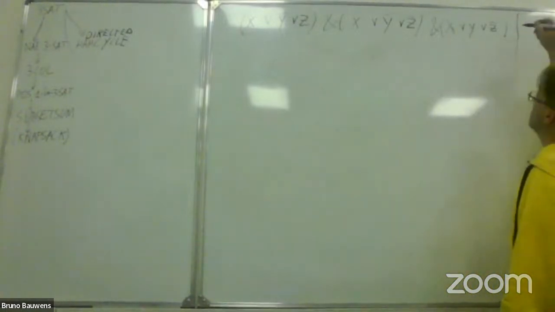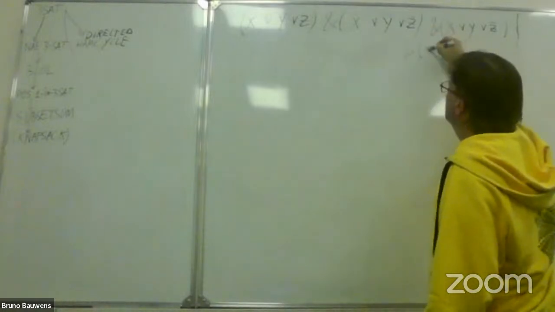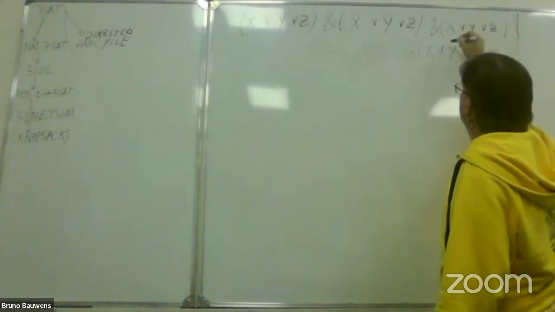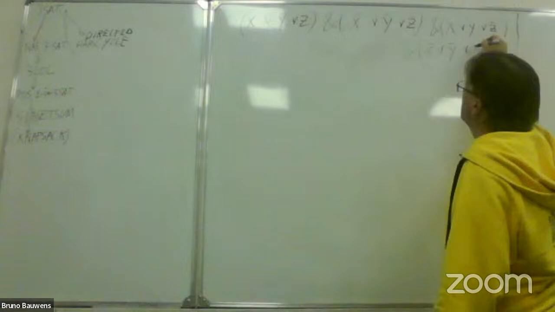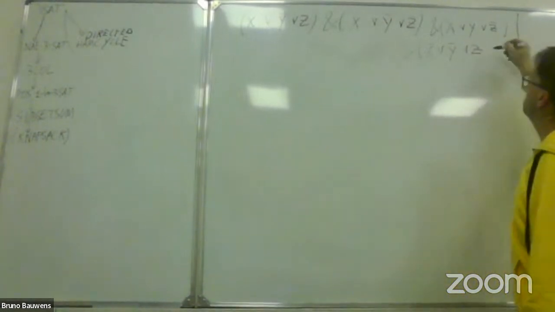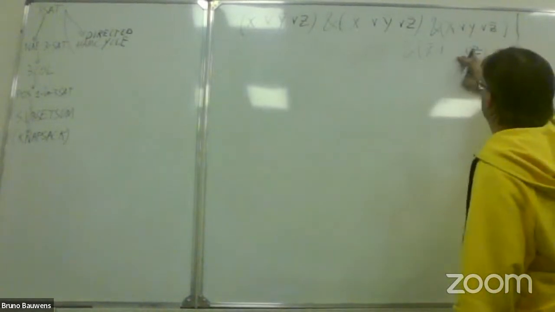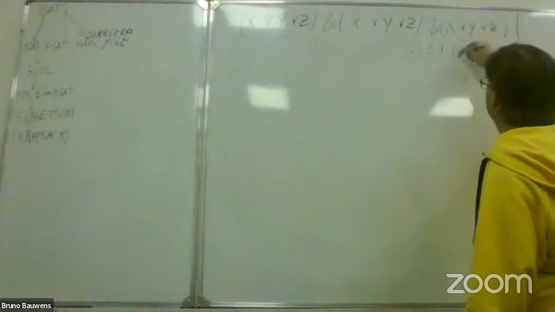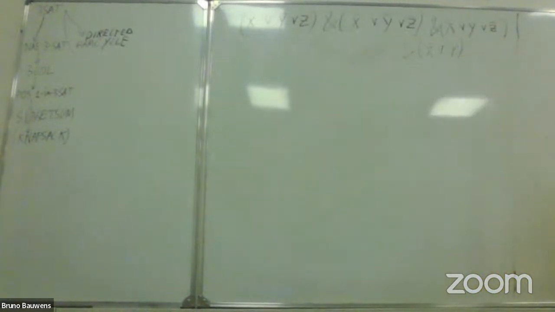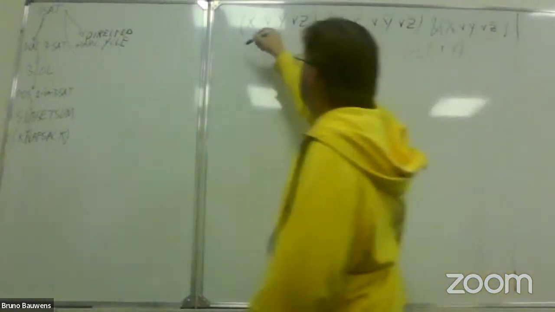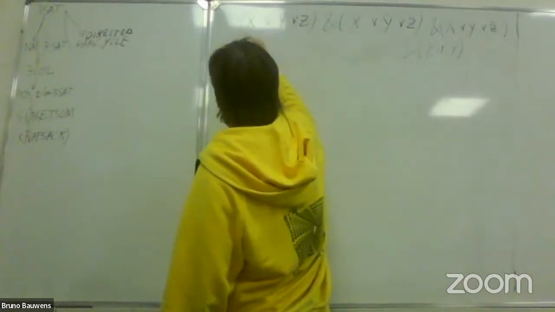Let's do one more so that you're not confused. X or Y or Z, something like this. Now there are 4 clauses. Let's do a bit shorter clause, which is also allowed. Okay, so this is a formula in 3CNF.